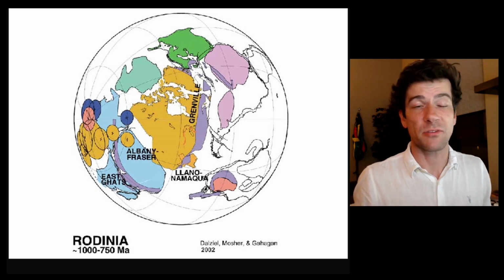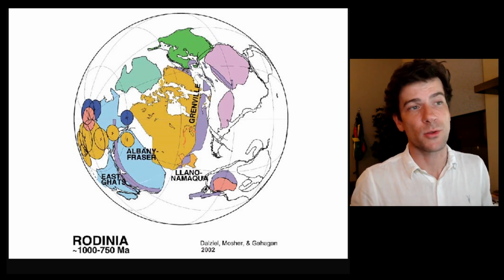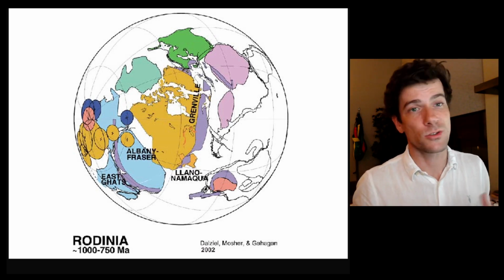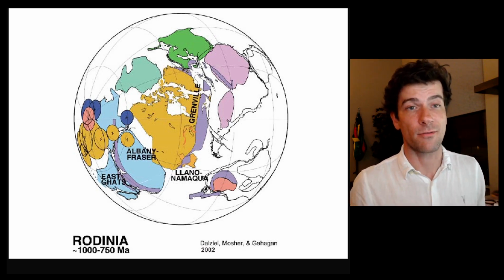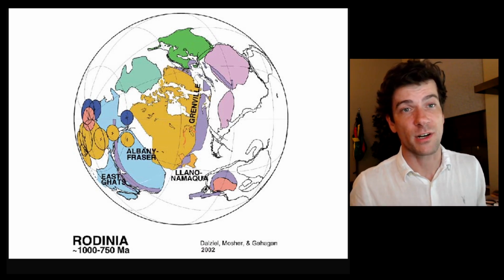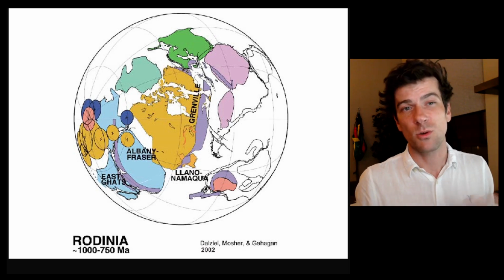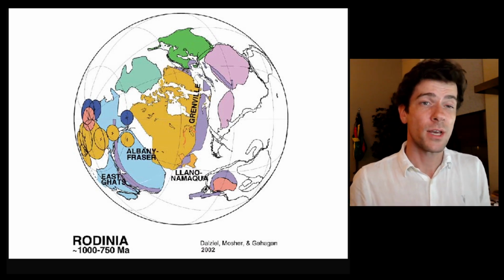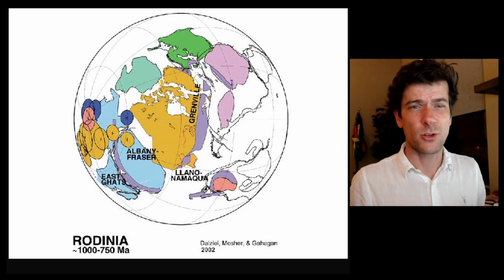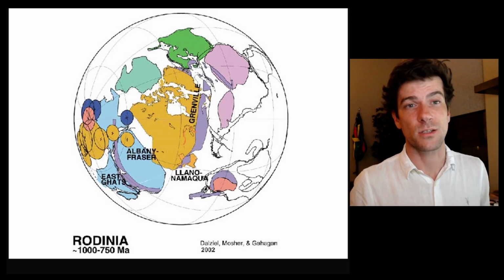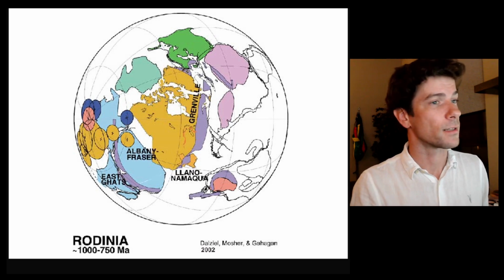And those can have huge impacts on climate, both through CO2 emission during the volcanism itself, and also during the weathering of that volcanic rock. It weathers very rapidly and it has a lot of phosphorus in it, which is a really essential nutrient. We'll talk a lot more about that in the future. But when you weather all of that nutrient-rich rock, it can lead to profound consequences for the climate system.